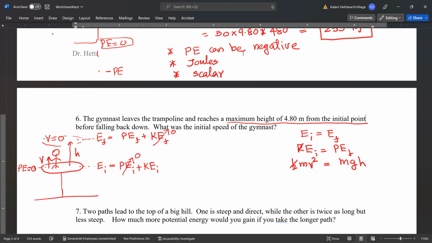It is given. So we can divide by m both sides and then times 2 both sides, then velocity squared will be 2gh, and that means velocity will be the root of 2gh, right? Then you can plug in the values. 2, and g is 9.80 and h is 4.80, and take the root of that. This will give you around 8 point, we need to put it in the calculator.